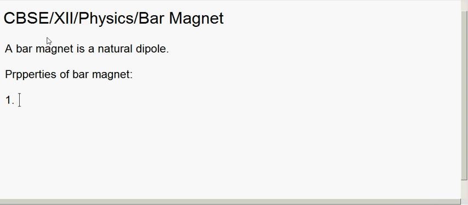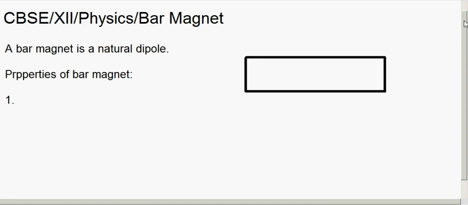First one, the ends of a bar magnet. If I draw a bar magnet something like this, one side is the north pole and the other side can be called the south pole.